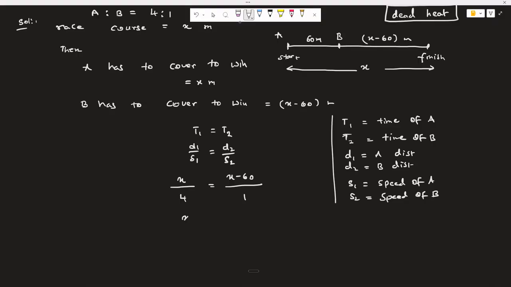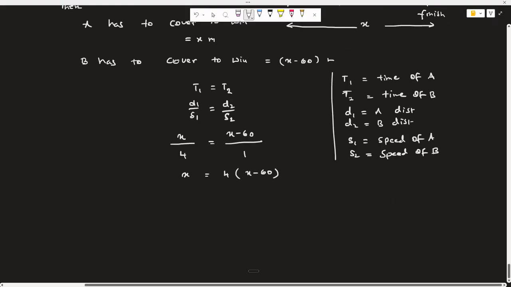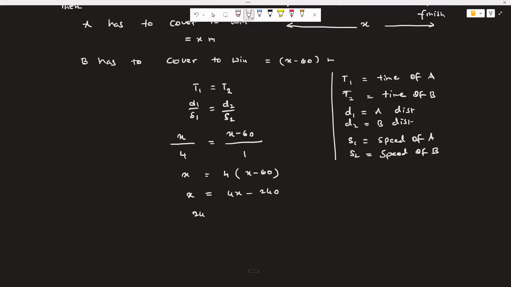Now do cross multiplication. 1 into X is equal to 4 times X minus 60. So X equals 4X minus 240. Now 240 is equal to 4X minus 3X.